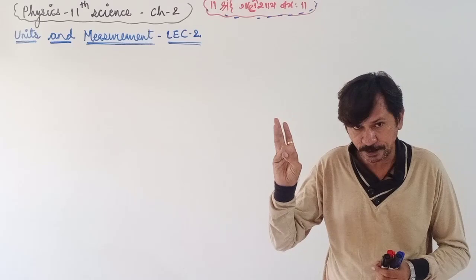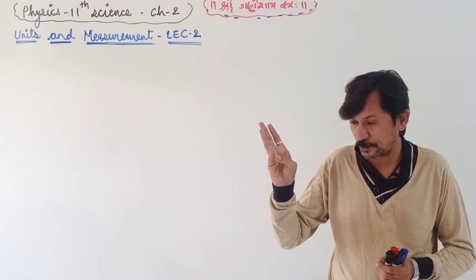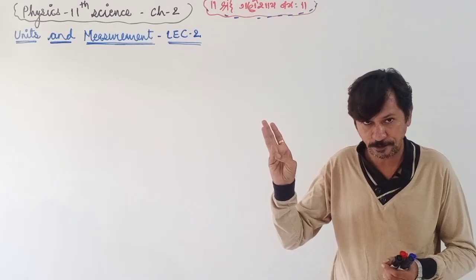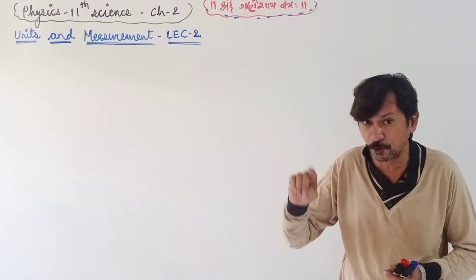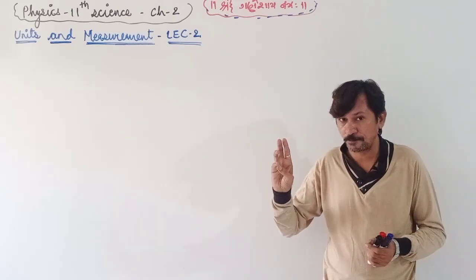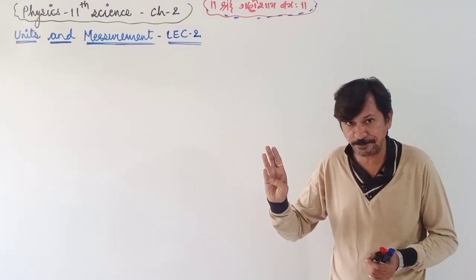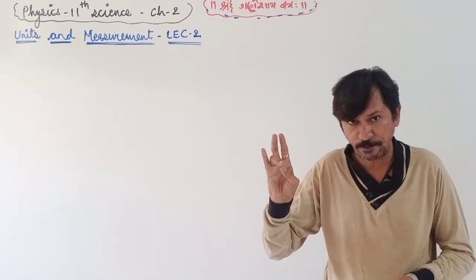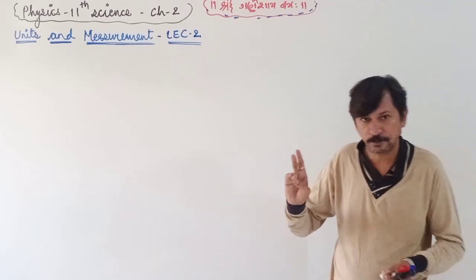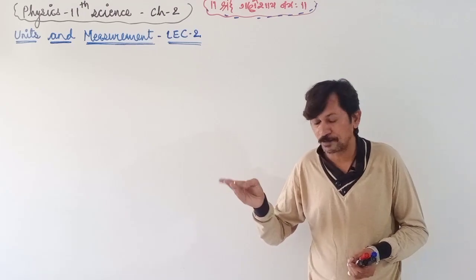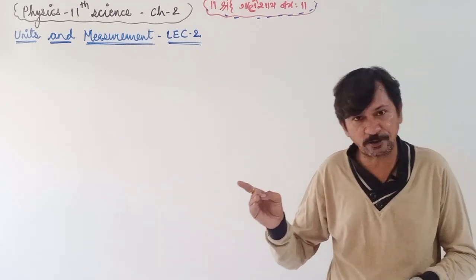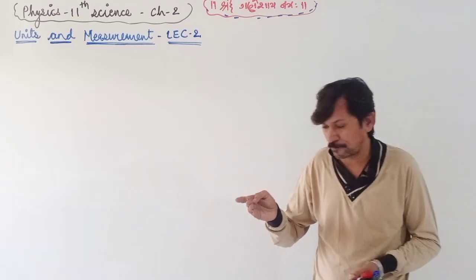You know mass, you know length. These are the physical quantities you know: mass, length, time, area, volume, density, displacement, velocity, acceleration, force.